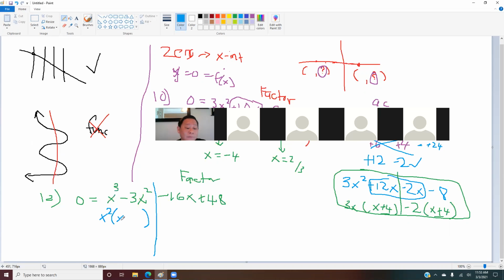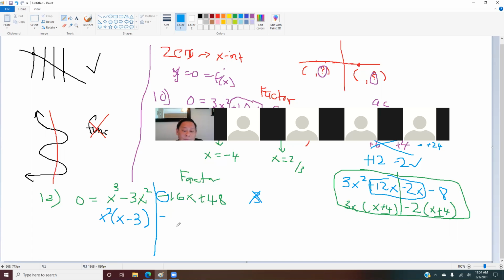x minus 3. Okay. How about this one? Because of the negative, you have to factor out the negative. Negative what? Negative 3? Nope, 3 is not good. 16 cannot go into 3. Anyone?